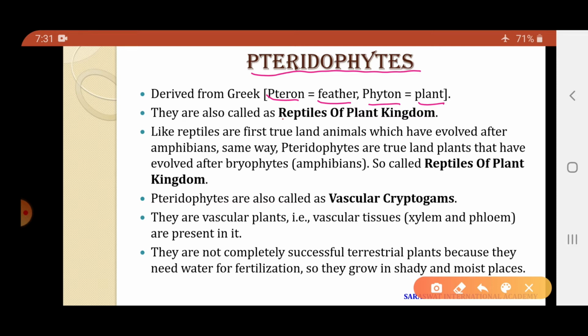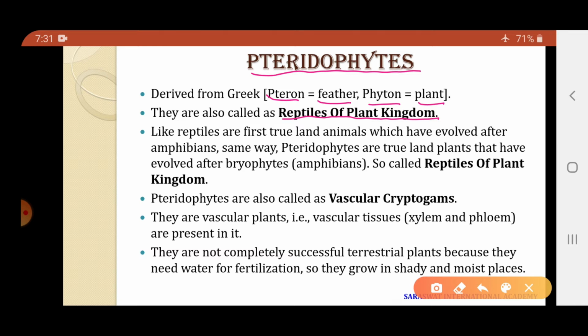These pteridophytes are also called the reptiles of the plant kingdom. We know that reptiles are the first true land animals, which evolved after the amphibians. In the same way, pteridophytes are the first true land plants which evolved after the bryophytes, and bryophytes were known as the amphibians of the plant kingdom.